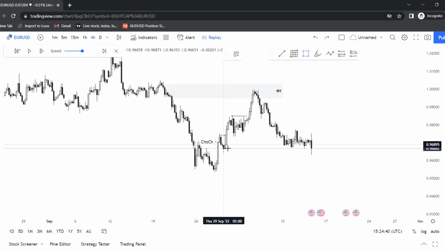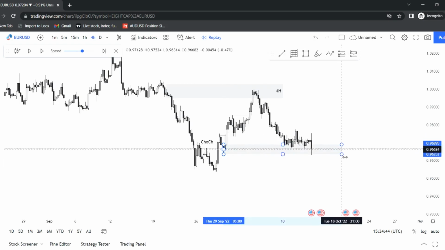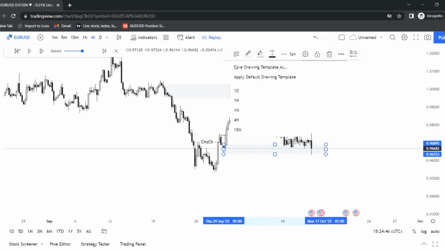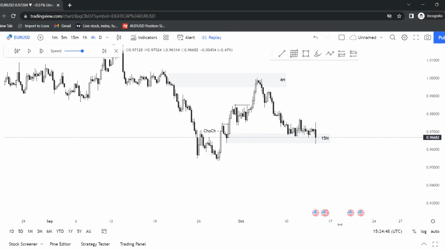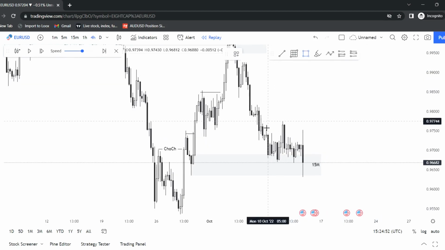But we could see that there is a demand zone over here. So this is a 4-hour demand, and we could see that this potentially is a supply zone as well. Why so?